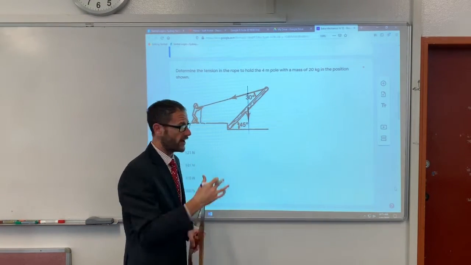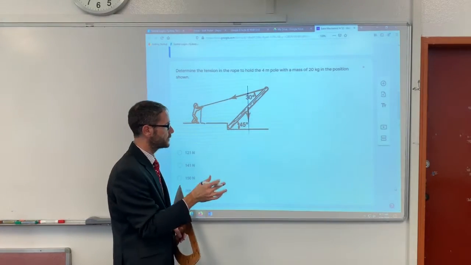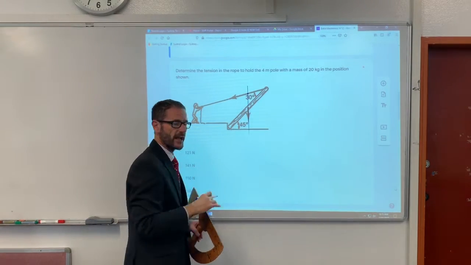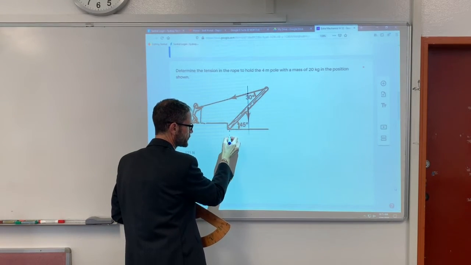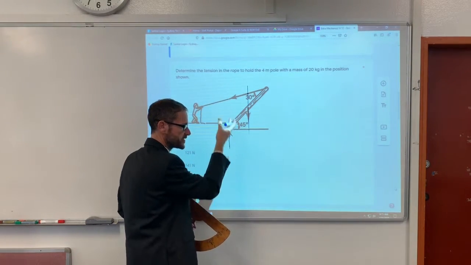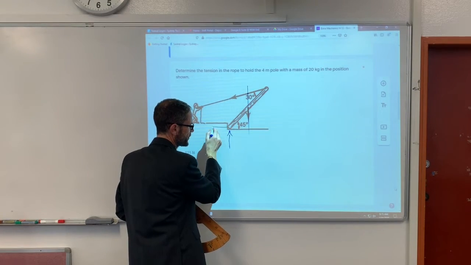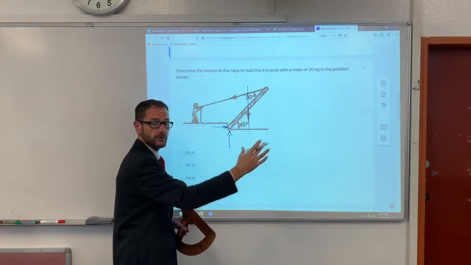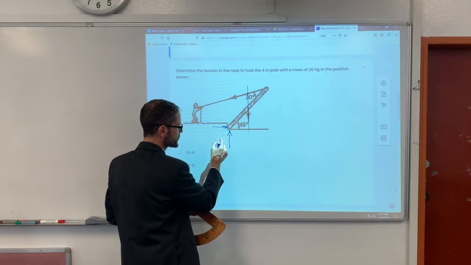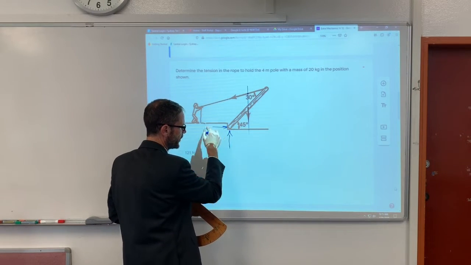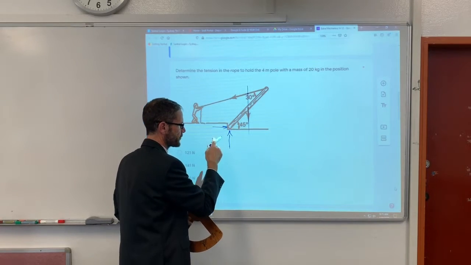Logically, I hope you can all look at this and think, well, obviously the reaction has to occur at the ground. If there wasn't a vertical component here, it would sink into the ground. If there wasn't a reaction here at that step, it would slide back towards the person. If we combine those two components, we get a reaction.